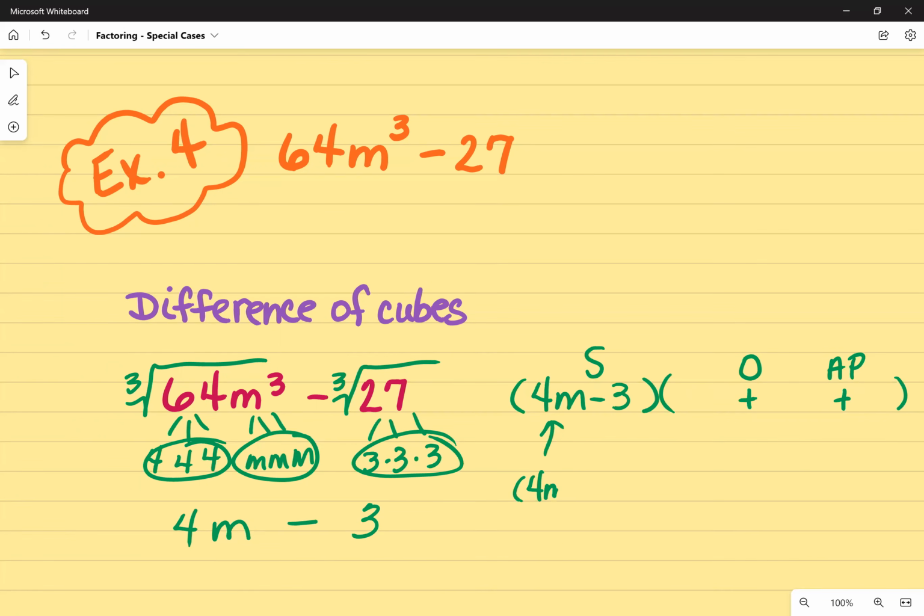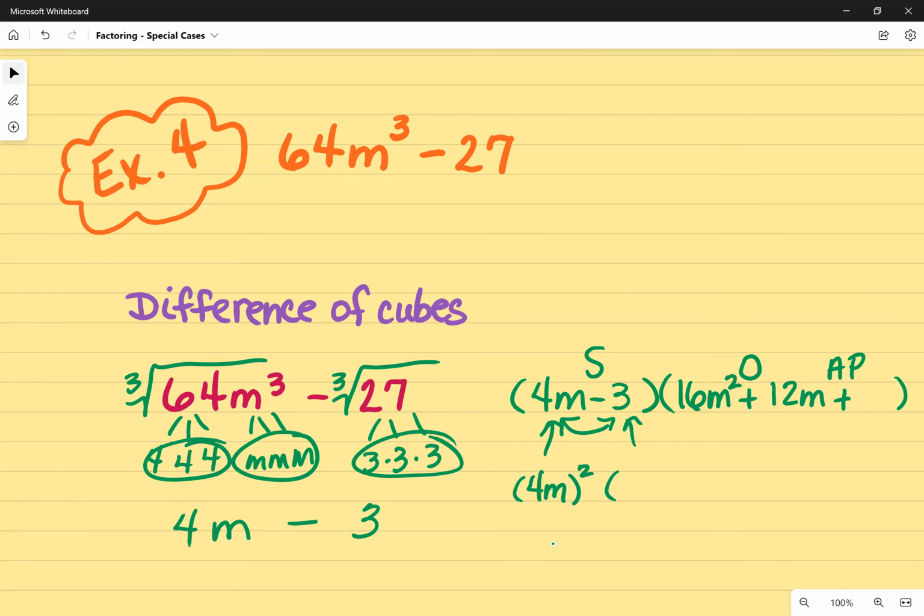So 4m squared, and there's 2 things in the parentheses, so 2 things have to be squared, the 4 and the m, so 16m squared. Now I'm going to multiply these 2 terms, 4m times 3. I'm not even worried about the sign because I've already accounted for it. Is going to be 12m, and then I am going to square the last term.